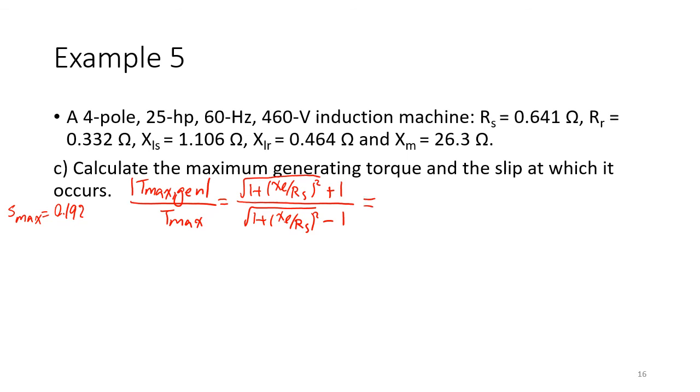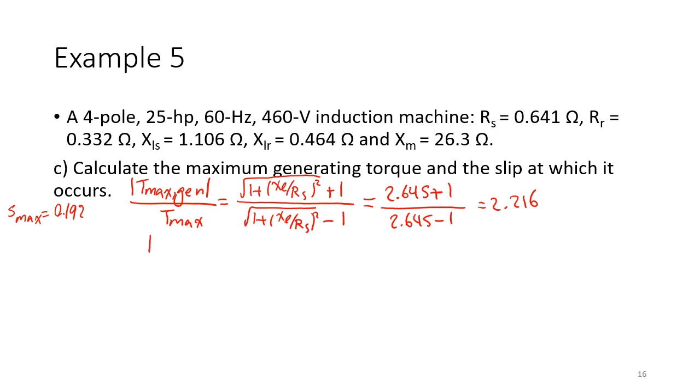It will be equal to 2.645 plus 1 over 2.645 minus 1, which is equal to 2.16. It's more than 2 times larger.